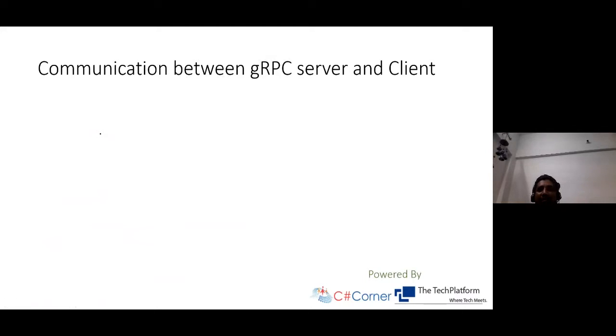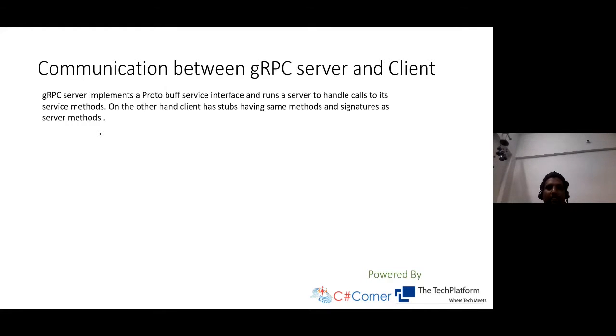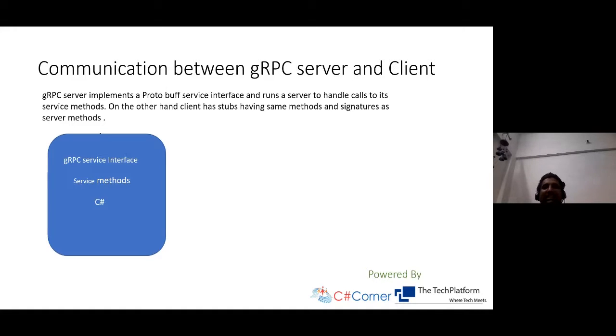Let's try to dissect that more while I do one demo with you. So basically, how does the communication between our gRPC server and client occur? Generally, the gRPC server implements a protobuf service interface and runs a service to handle calls to its service methods.